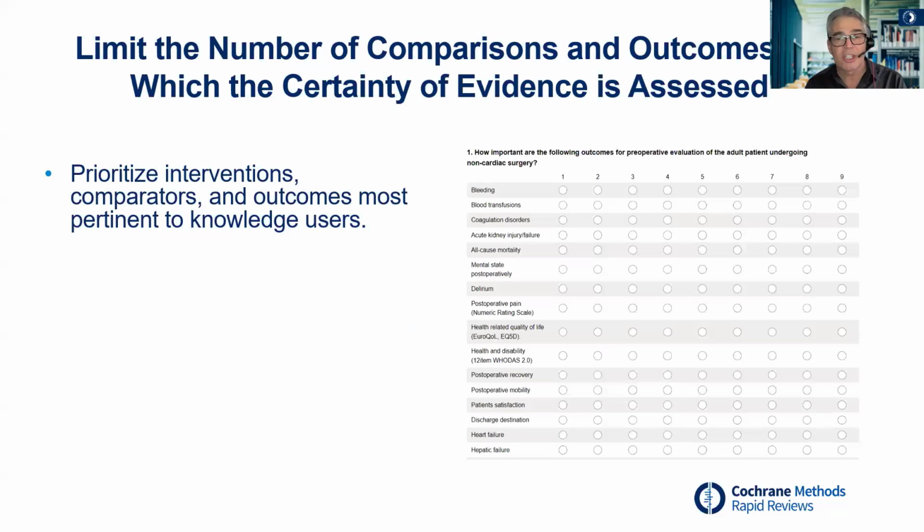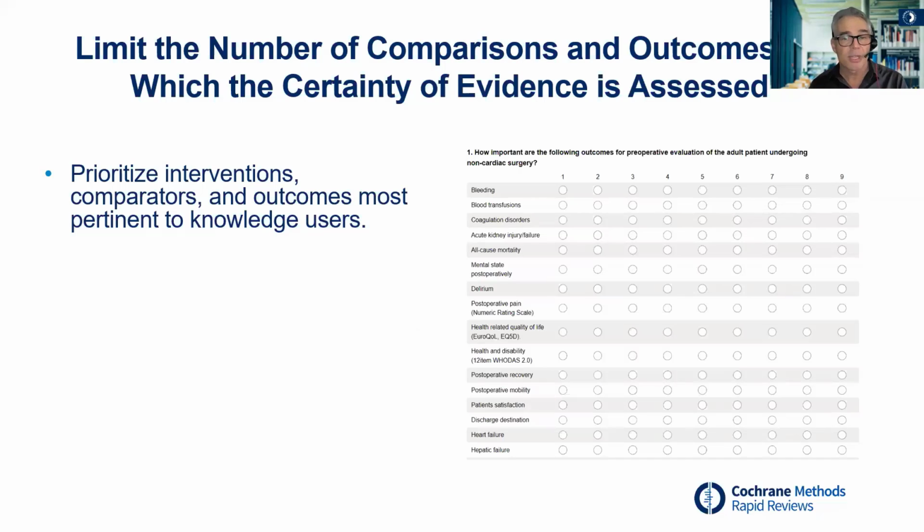The next recommendation is to limit the number of comparisons and outcomes for which the certainty of evidence is assessed. I emphasized earlier that engagement with end users is important. And at this stage, when you rate the certainty of evidence, it can really help you focus on outcomes that are most important for end users.